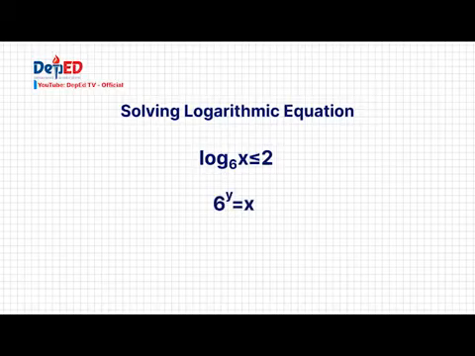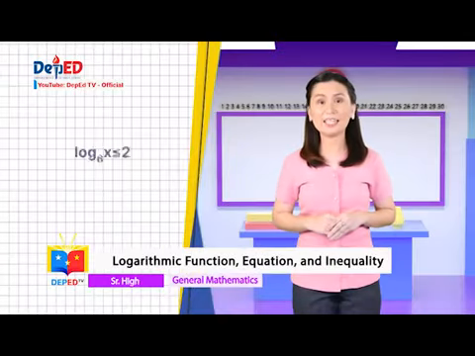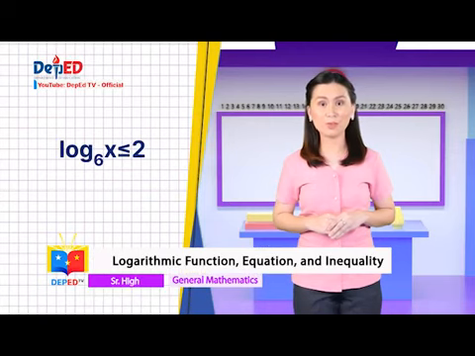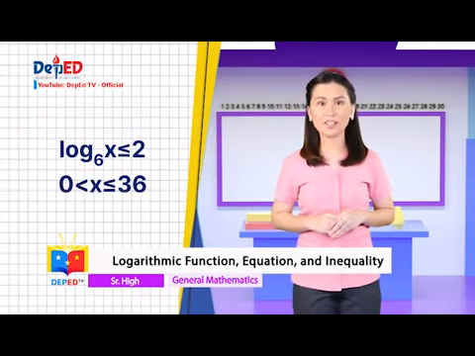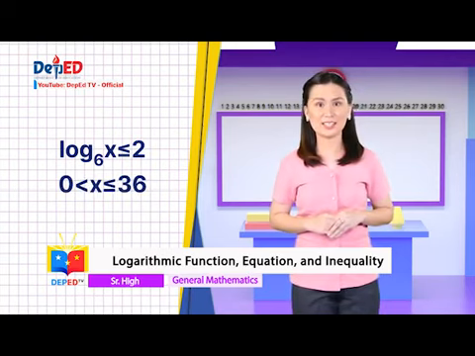We have learned in our previous episode that the values of x will always be positive, since the base of an exponential function is always positive. Thus, given the logarithm of x with the base 6 less than or equal to 2, x is greater than 0 but less than or equal to 36.